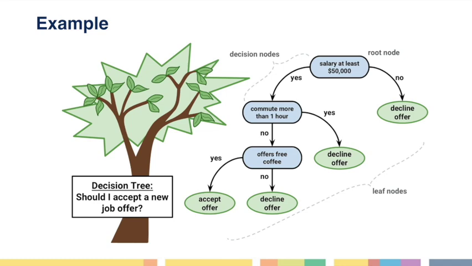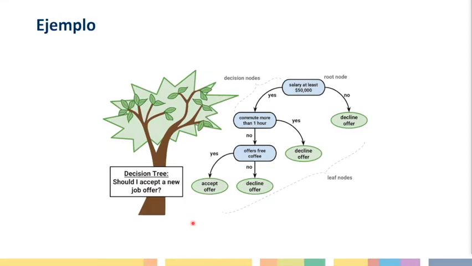This is an example of the construction of a decision tree where we are deciding if we should accept a new job offer. To take this decision, the first thing that we should do is to assess if the conditions are favorable for us to take a positive decision. The first thing that we'll assess is the most important thing for us. In this case, it could be the value of the salary.